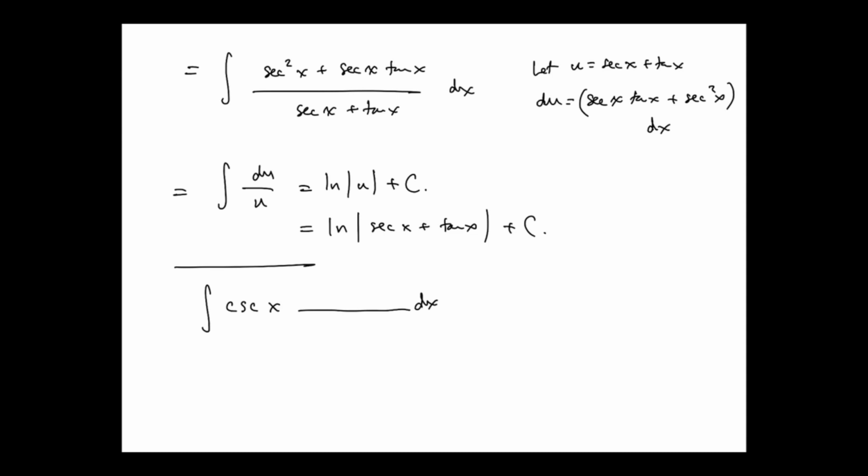There's another way. I usually put a minus right there, but you'll see why. So the trick, like before, is to multiply by a disguised form of 1. What's the disguised form of 1 that we need in this case? Cosecant of x minus cotangent of x.